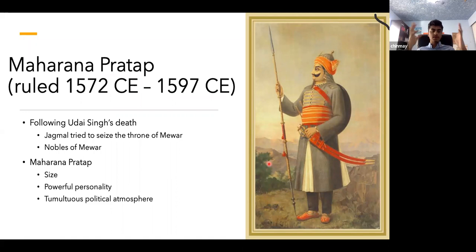He was a very apt, very good administrator, a very good king. Obviously, the kingdom that he inherited was in a very tumultuous political atmosphere. Mewar was still reeling from the loss in the siege of Chittorgarh, and Maharana Pratap now had to find a way not only to keep Mewar alive, but to restore the territories that they had lost.